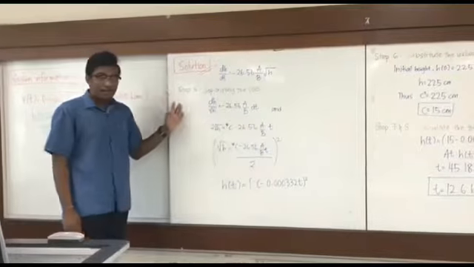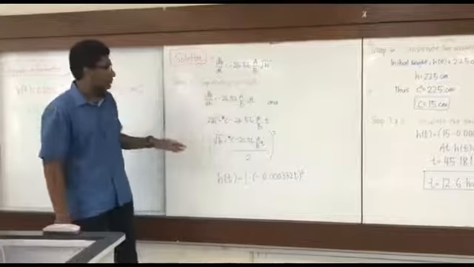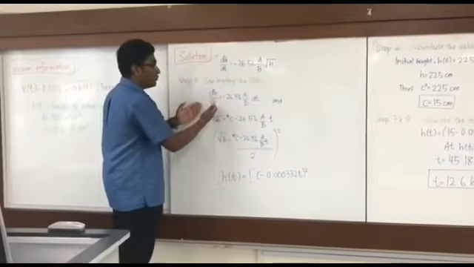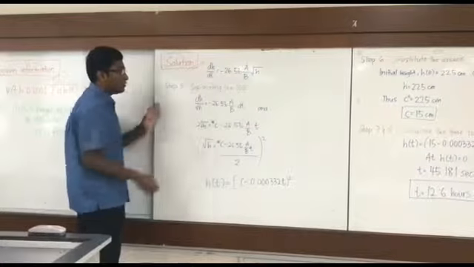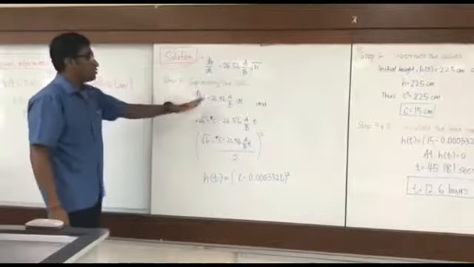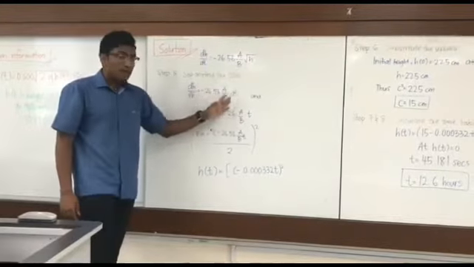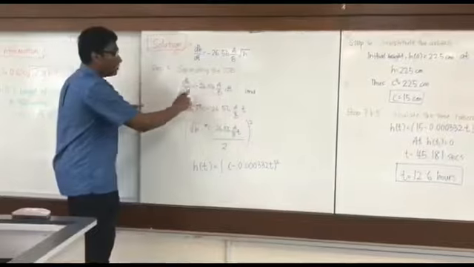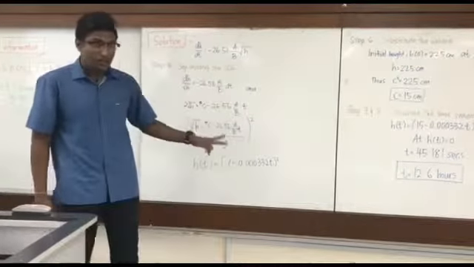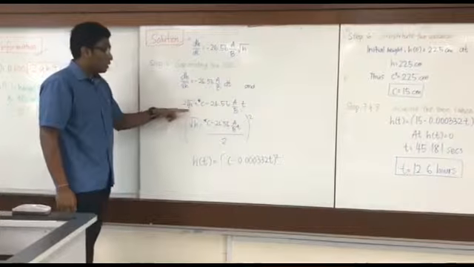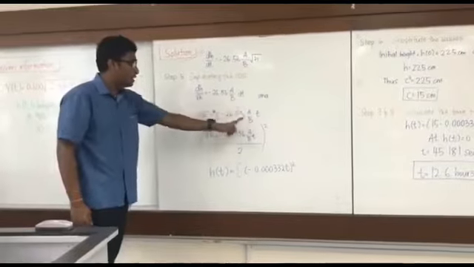Our fifth step is to separate the ordinary differential equation. I will move the dt to the right and bring the square root h to the left, which gives me dh over square root h equals negative 26.56 A over B dt. After that I will divide this whole equation by 2, and after integrating, I will get square root h equals the constant C minus 26.56 A over B times t over 2.